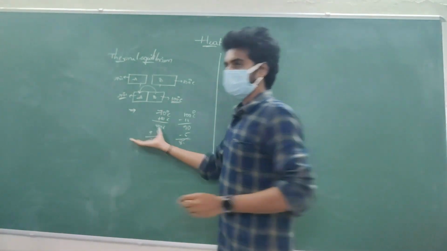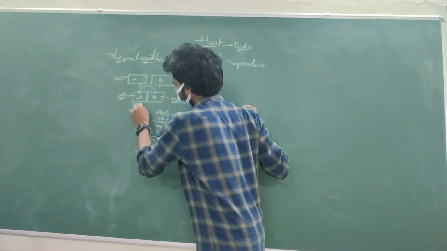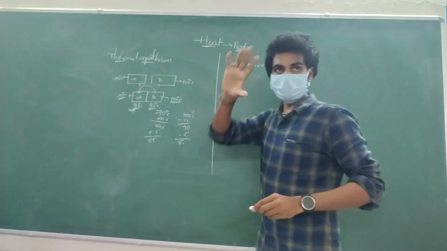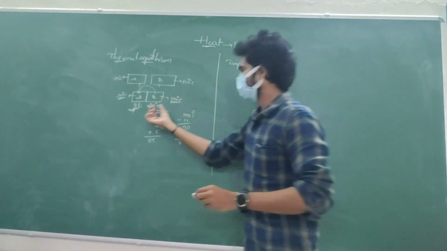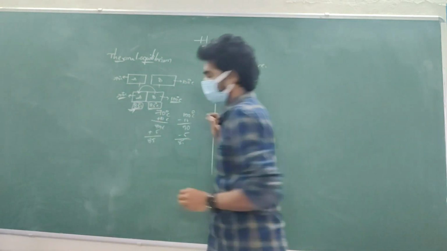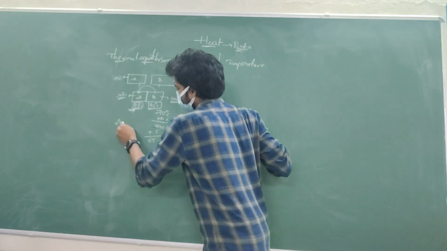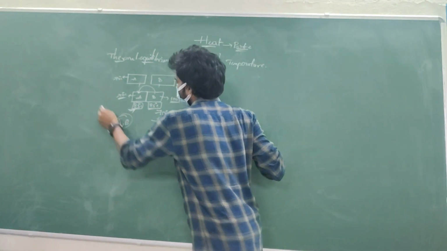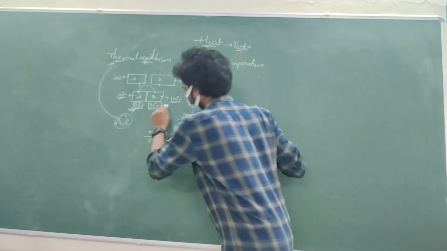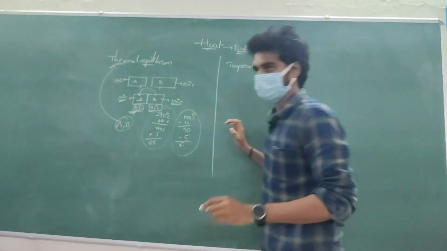As time passes, both the bodies reach the same temperature, that is 85 degrees centigrade and 85 degrees centigrade, right? So, if these two get the same temperature, we say bodies A and B are both in thermal equilibrium, right? So, it is a very tedious process, right?